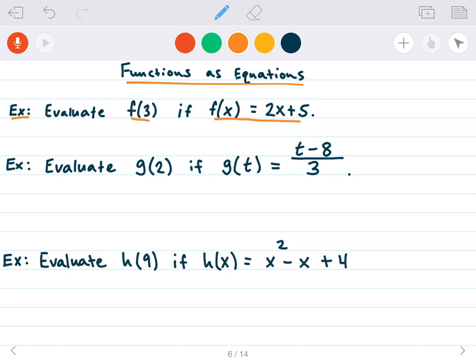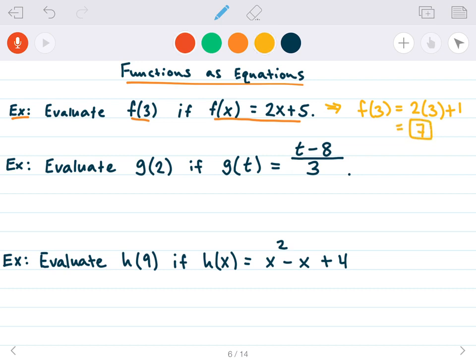So this is my rule, 2 times the input plus 5. All I have to do is plug in 3 anywhere I see an x in my rule. And then on the right side, 6 plus 1 is just 7. So that's my answer. F of 3 is equal to 7.